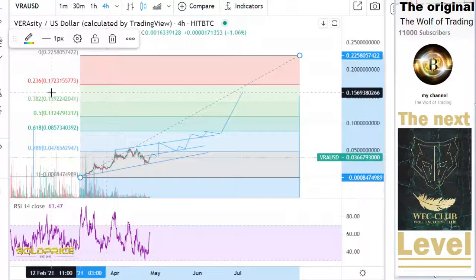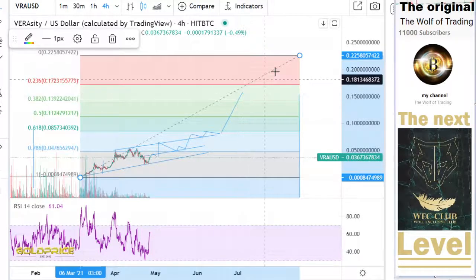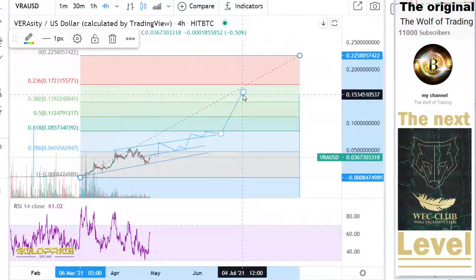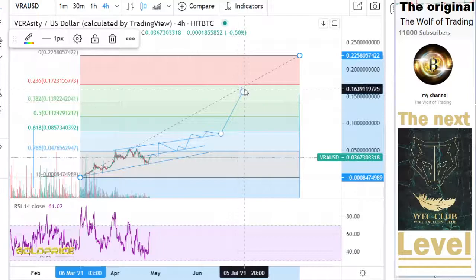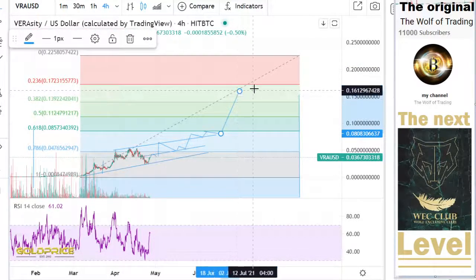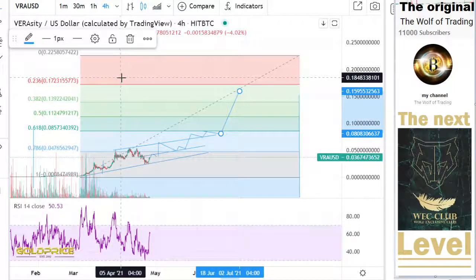You see in which area I draw here, 15 cents. I'm a conservative predictor. If I say 15 cents, then the price will go a little bit higher. If we reach 50 cents, then we have to make a new video to look in which direction we can go. But I think we stay here at 15 cents, and if we come to this area, then a new prediction is needed.